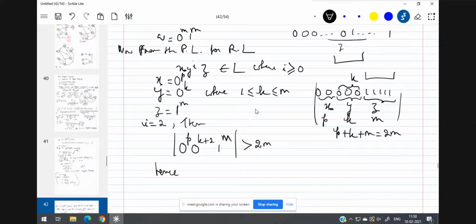Let me do it in a very precise manner. Now this will be 0 to the power p, 0 to the power k plus 2, then 1 to the power m.